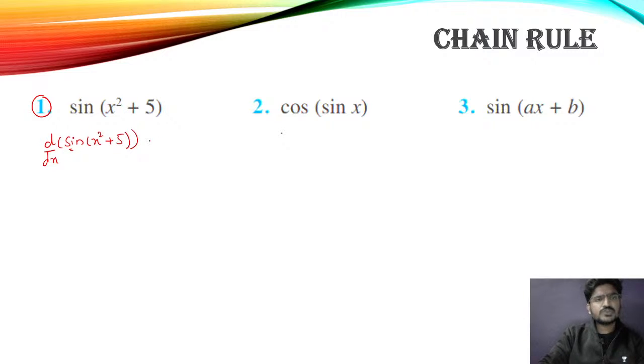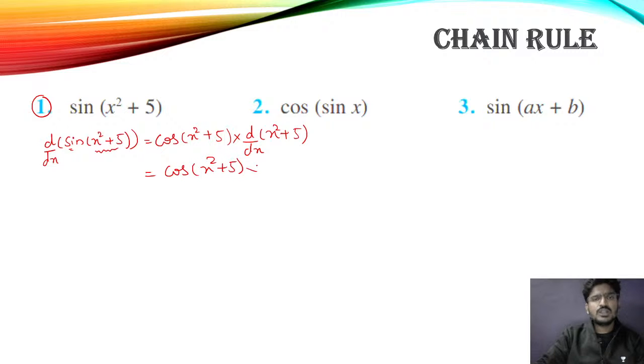First, sin has to be differentiated with respect to x square plus 5, so it will be cos of x square plus 5 multiplied with the differentiation of x square plus 5. So it is going to be cos of x square plus 5 multiplied with 2x.